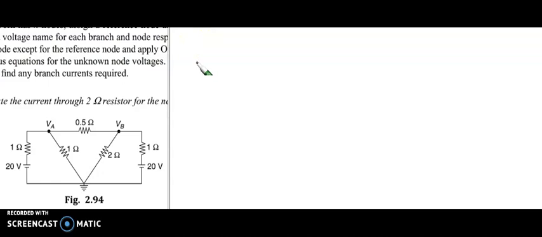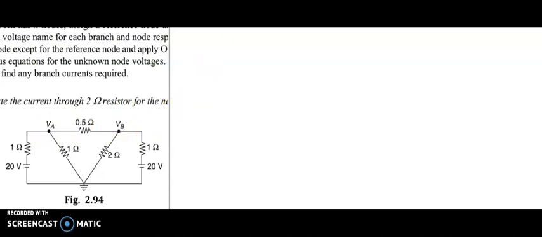We have to find the current through the 2 ohm resistor. This is the 2 ohm. So by nodal analysis we have to find the current. We can see there are two nodes VA and VB, so I am going to write the node equations for node VA and VB.